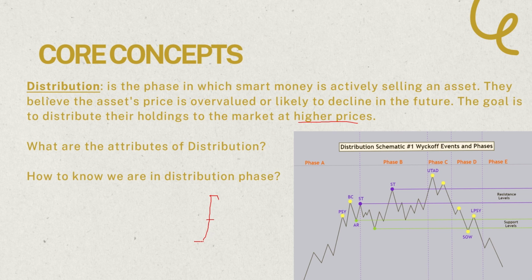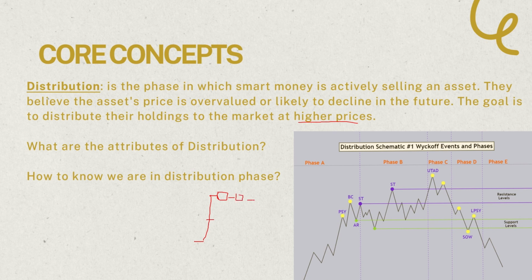And then, being an institutional trader, you know that that asset is actually not worth this amount. It's like an arbitrary increase, and there is a possibility of a fall. So institutional traders distribute, they dump that asset at a higher price so that they can make a lot of money.